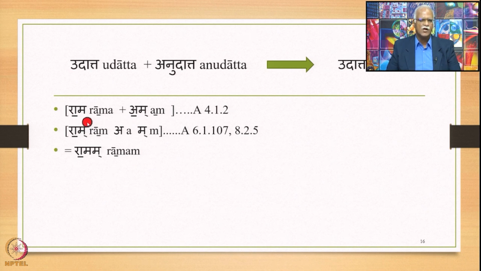So in fact this is a combination of Udatta plus Anudatta. And so now 8.2.5 says that the resultant combination would be a vowel which is Udatta. So this remains Udatta, therefore it remains unmarked, and so we have Ramam with the final am being marked as Udatta.